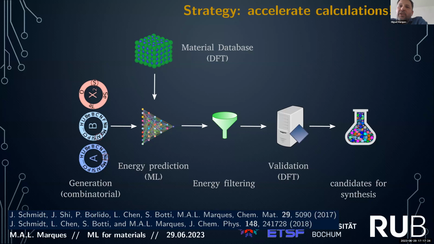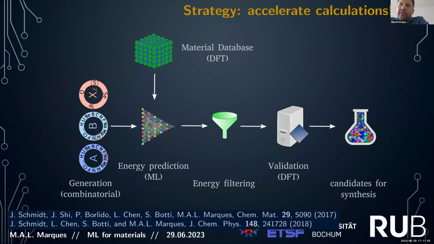Then, as this machine is very fast, we can use it in a completely systematic way and generate all possible crystal structures in a combinatorial way, and use it to predict the energy. Then we will filter based on the energy, so we will just take a look at the compounds that seem to be stable or close to stable. This we select, and then we validate them with density functional theory.